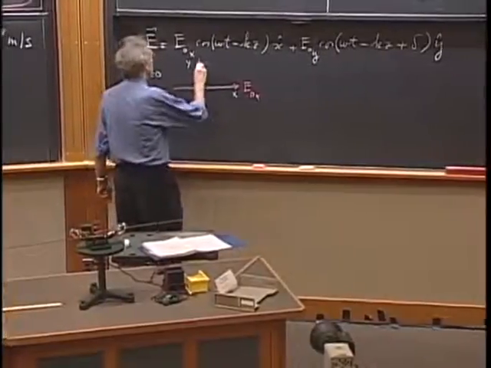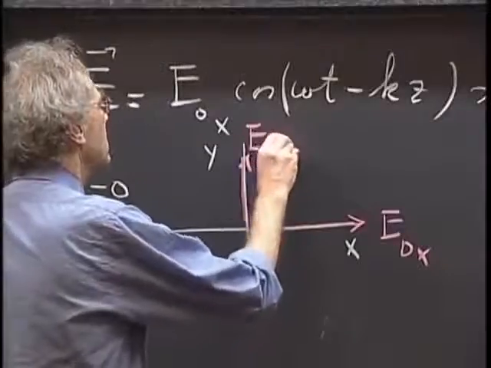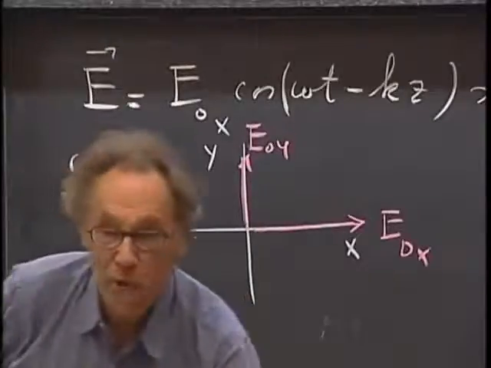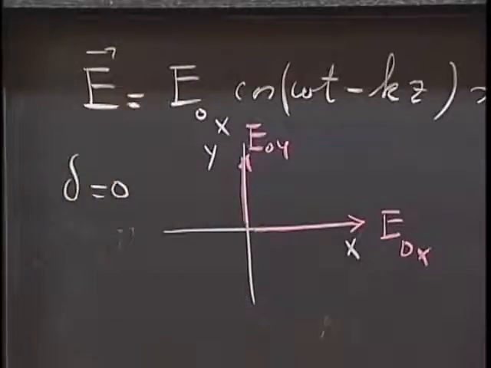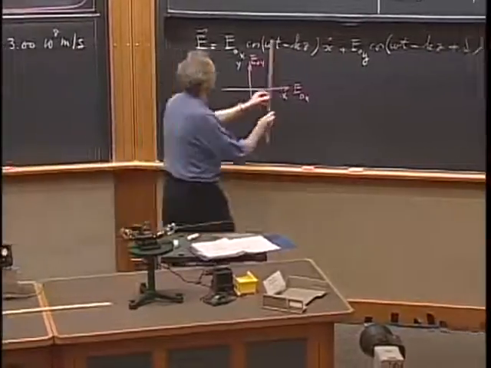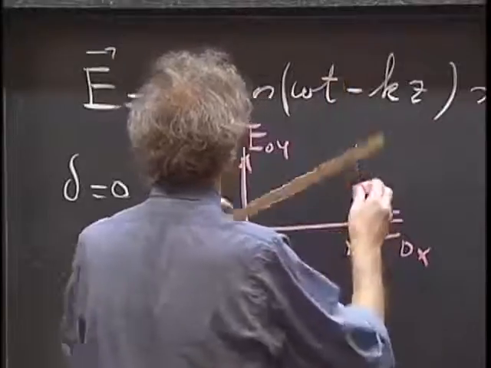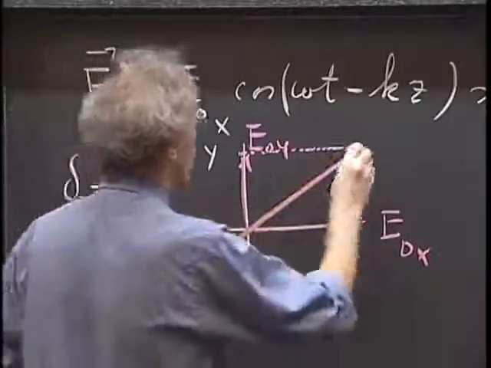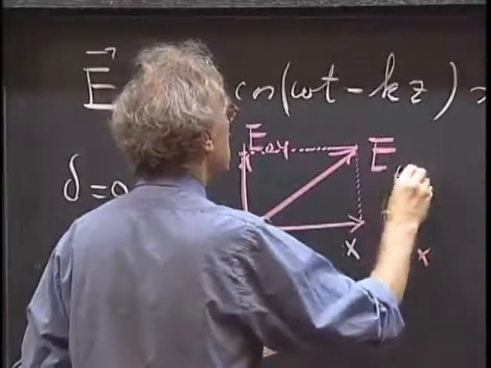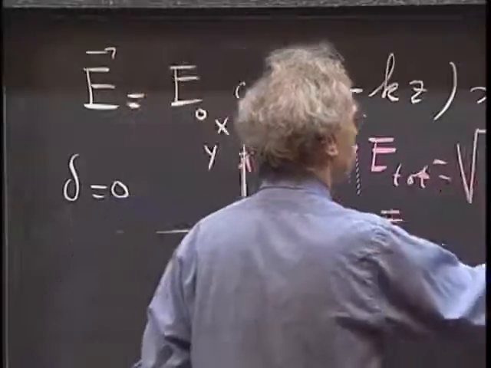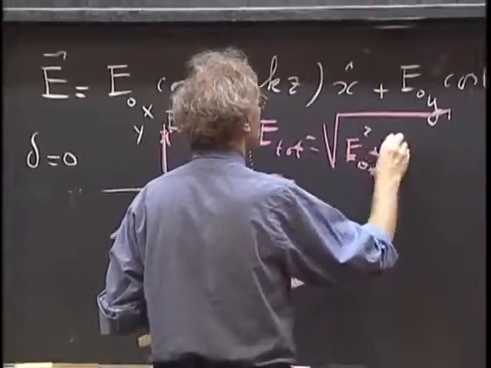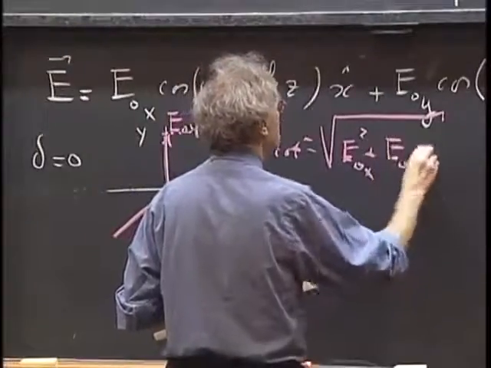So this one, E0y, occurs at the same moment as that one. So what is the net E vector? That is the vectorial sum of the two. So this is E total, which is the square root of E0x squared plus E0y squared.